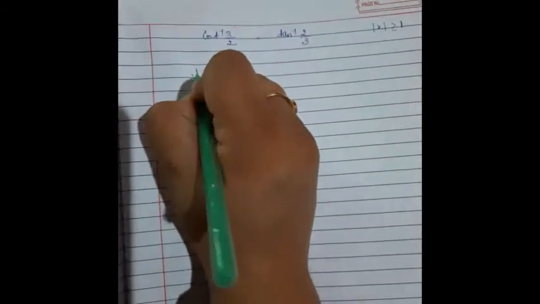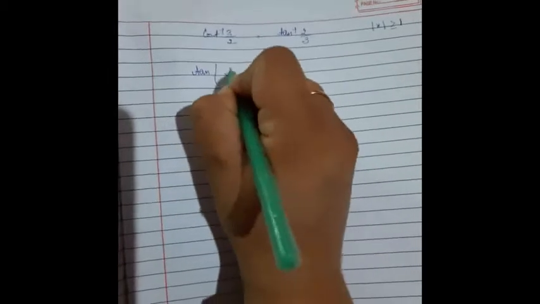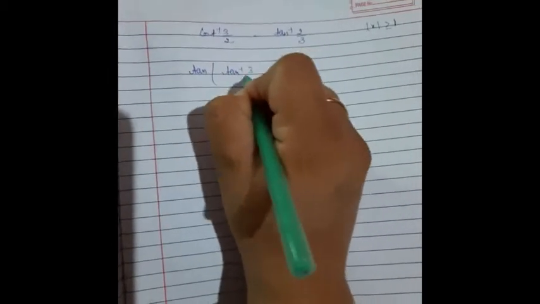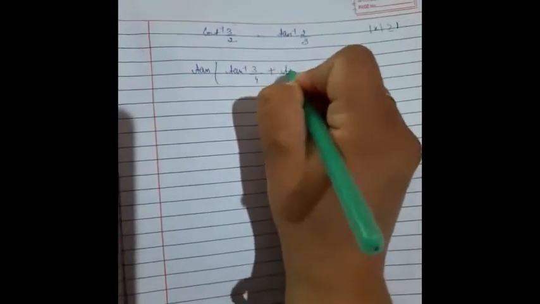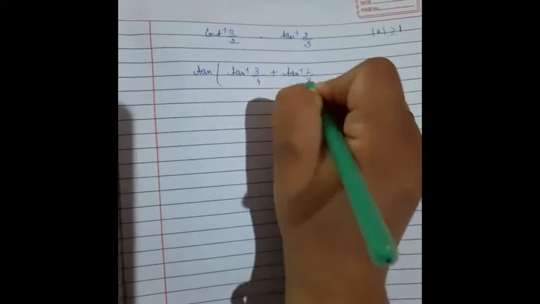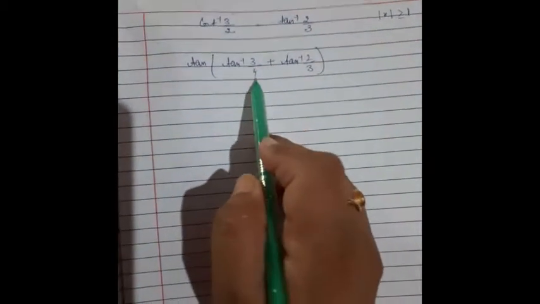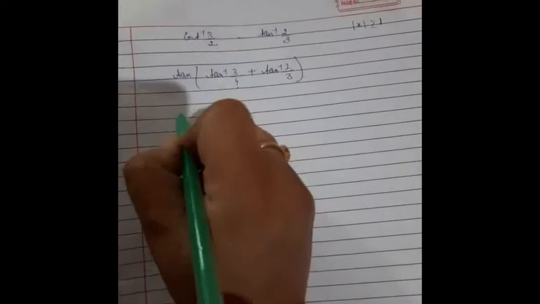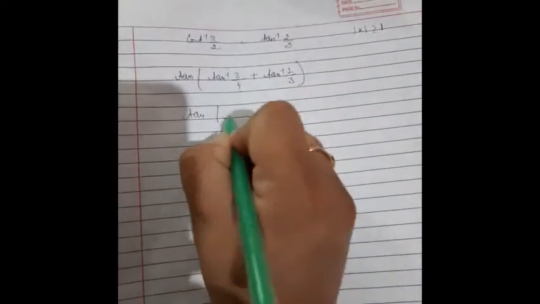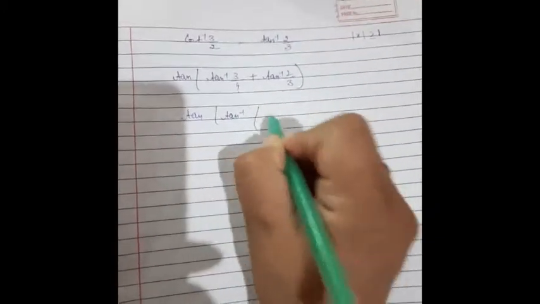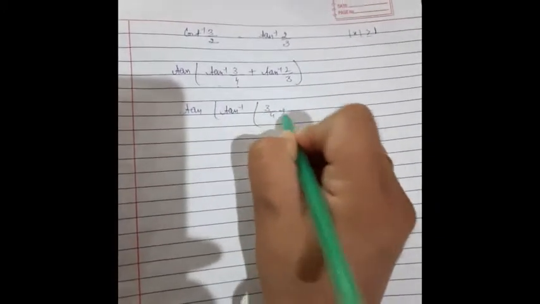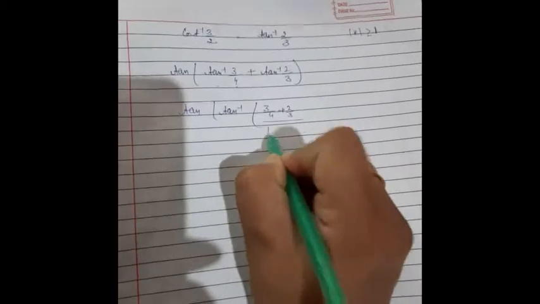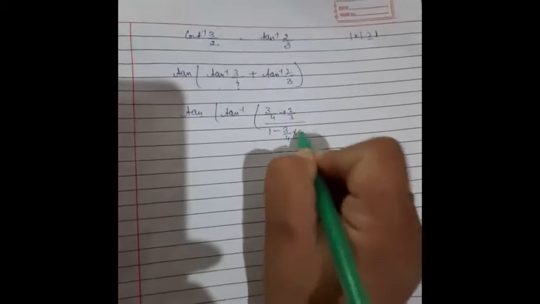So now that function becomes tangent of tangent inverse 3 upon 4 plus tangent inverse 2 by 3. Now for tangent inverse x plus tangent inverse y, apply the formula: tangent of tangent inverse of 3 by 4 plus 2 by 3 upon 1 minus 3 by 4 into 2 by 3.